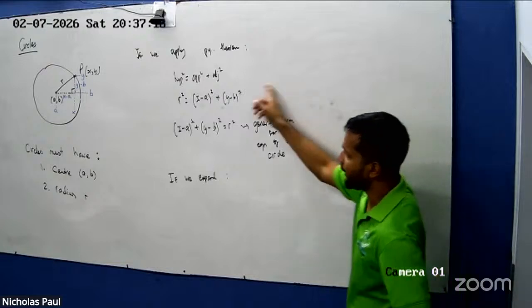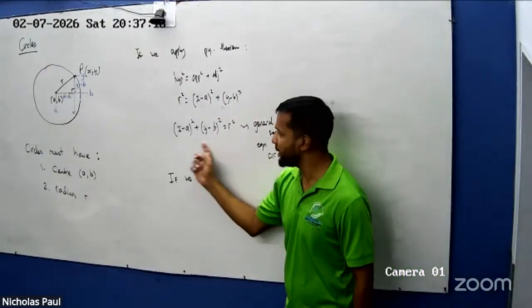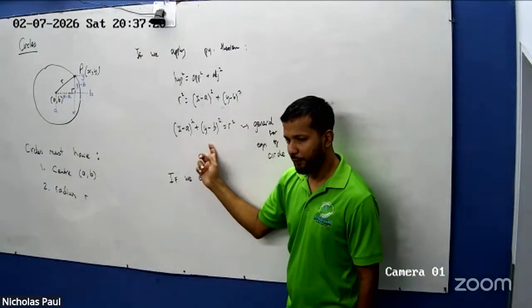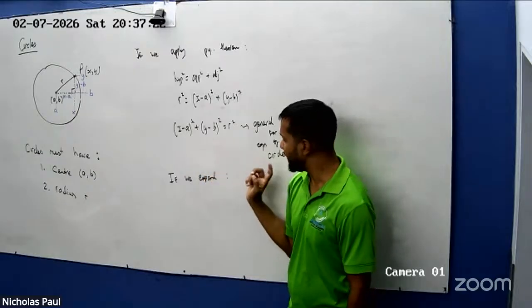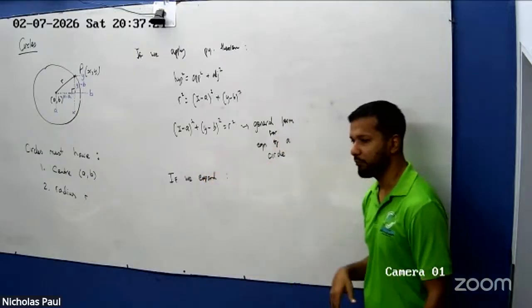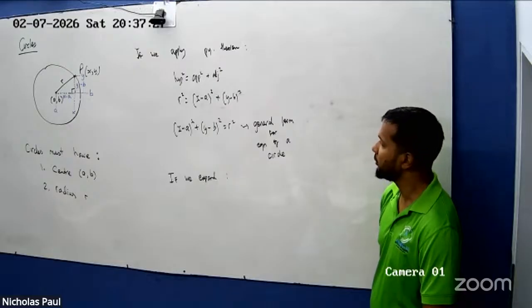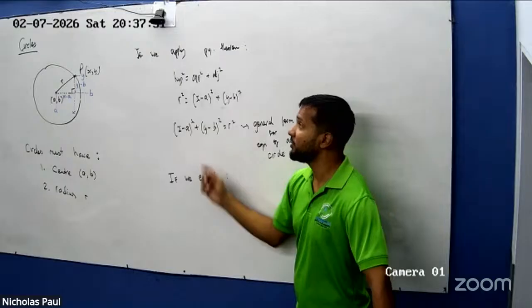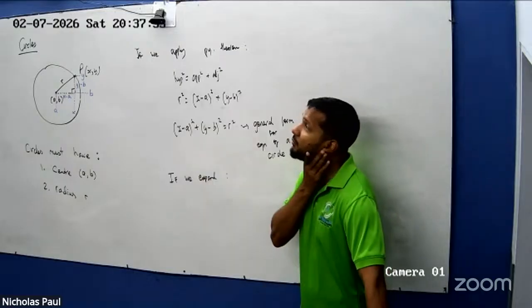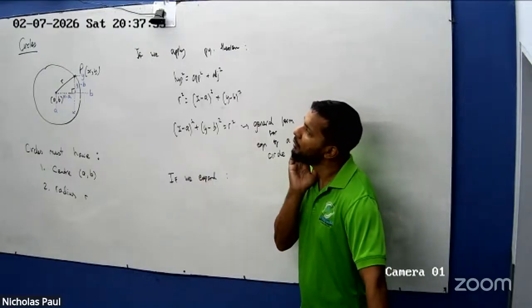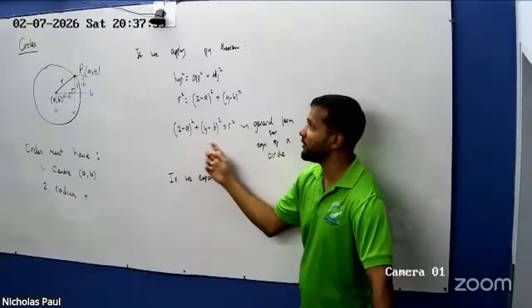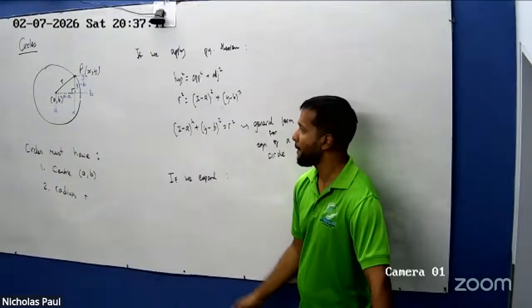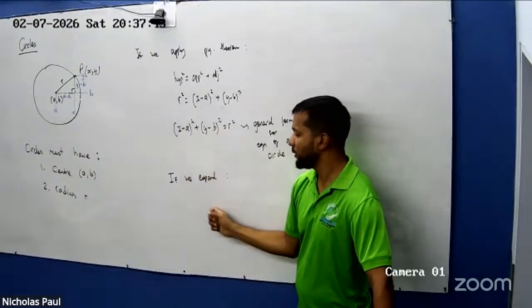After you write it down, do me a favor now. Expand this out, and you'll get the next equation. Expand out this squared here for me.